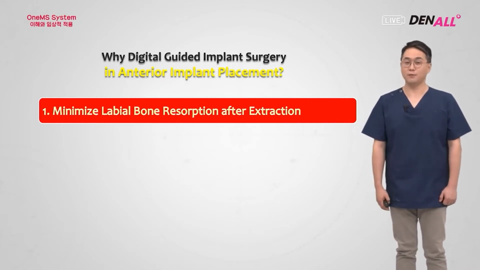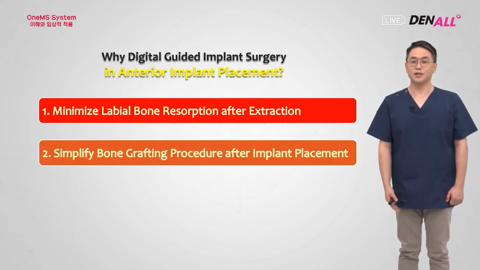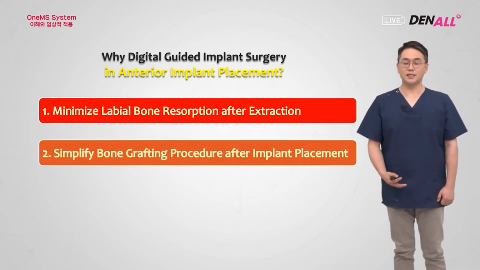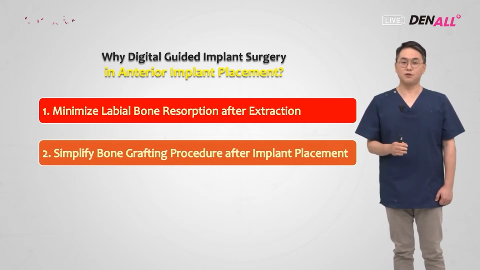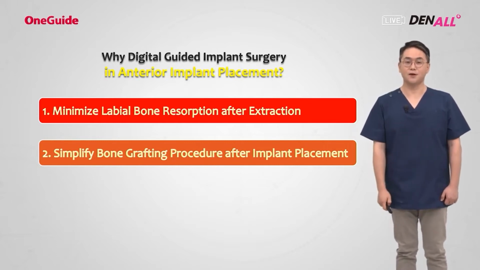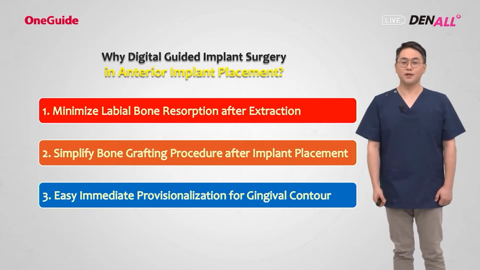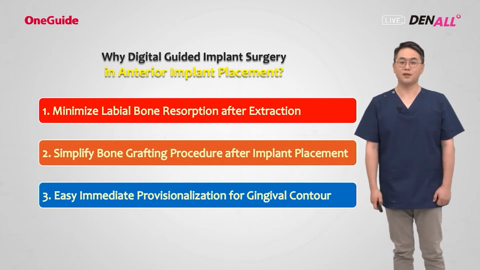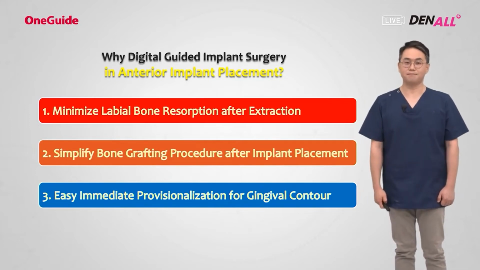But if you can do guided surgery, then you can minimize bone resorption. Secondly, you can simplify the bone grafting procedure. Because you can control the gap size, graft material can easily be put into that gap. And thirdly, provisionals will be created beforehand and delivered immediately, making it more aesthetic.